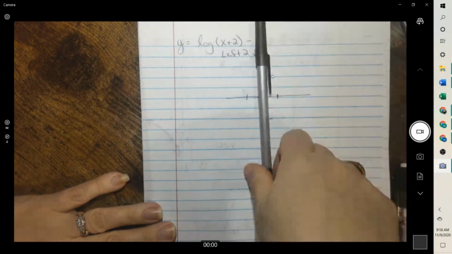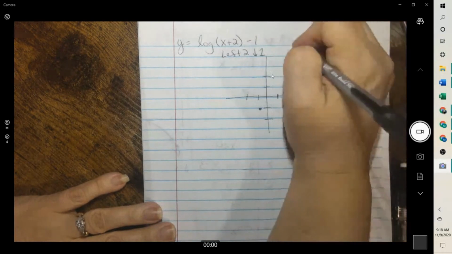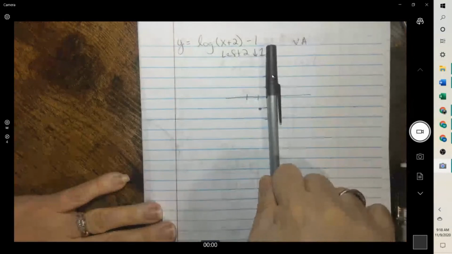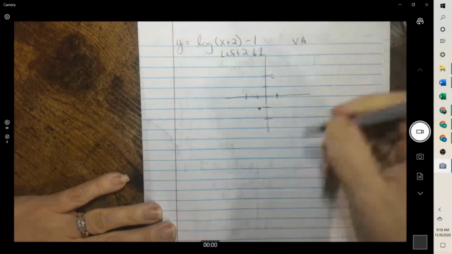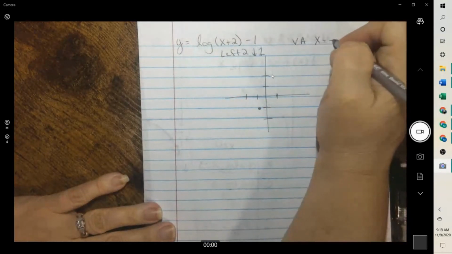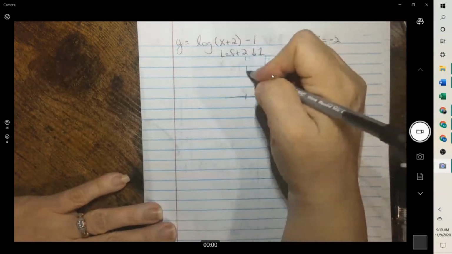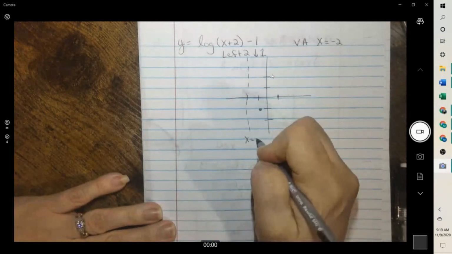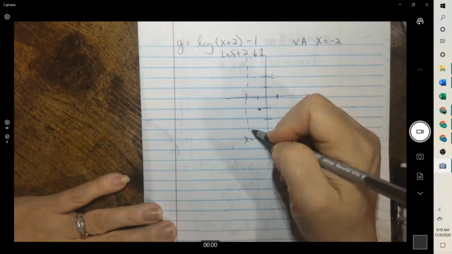Now the log has a vertical asymptote here. Because we're moving left 2, it's going to move left 2. So it's going to be at x equals -2. And then here's your graph.